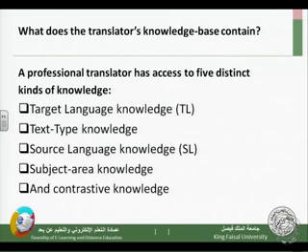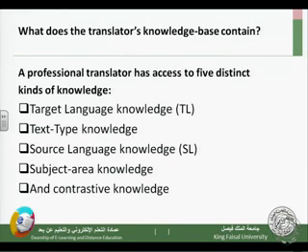So you need to have knowledge of the type of text. Then you have to know the source language knowledge. In other words, you are an Arab, then in this case you have to have knowledge of the Arabic language, the source language knowledge. If you want to translate from Arabic into English, Arabic is the source language and English is the target language.